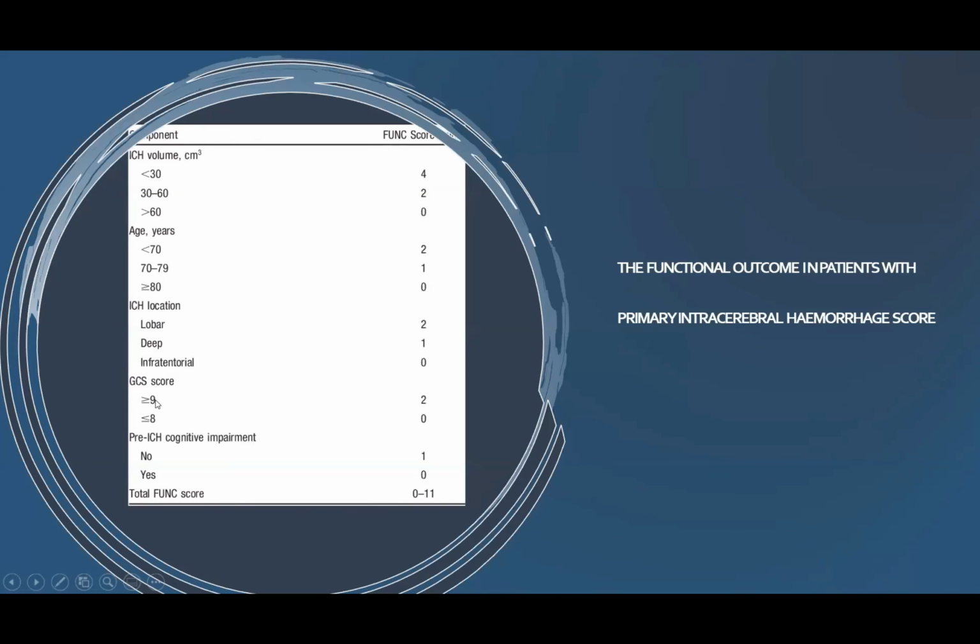GCS is more than 9 or less than 8. And there is any history of ICH and cognitive impairment before this ICH, which can correlate with amyloid angiopathy. The higher the score, the better the outcome; the lower the score, the poorer the outcome the patient will have.